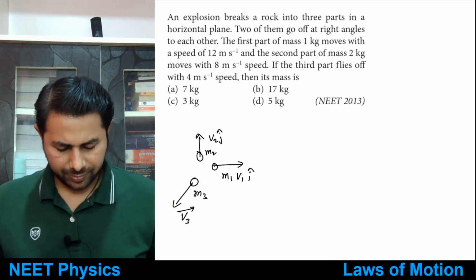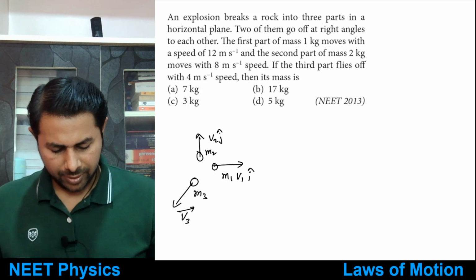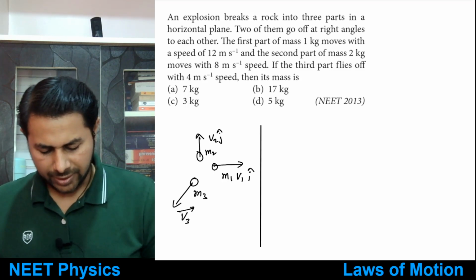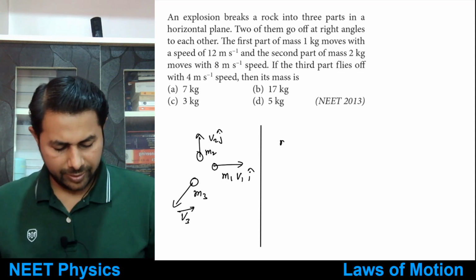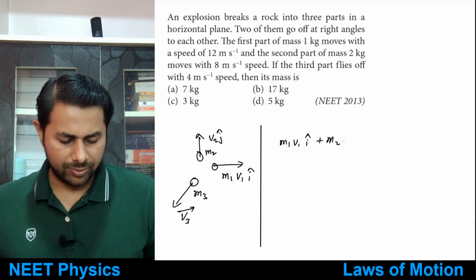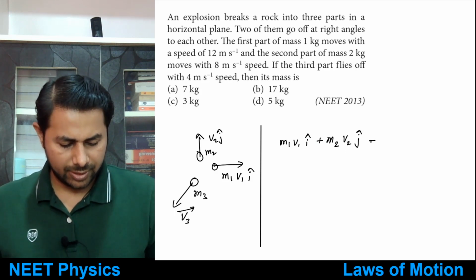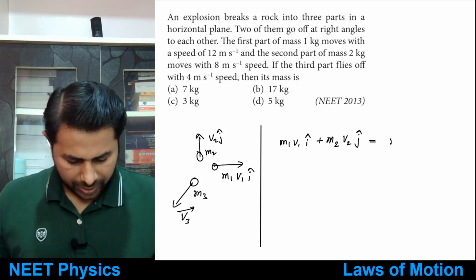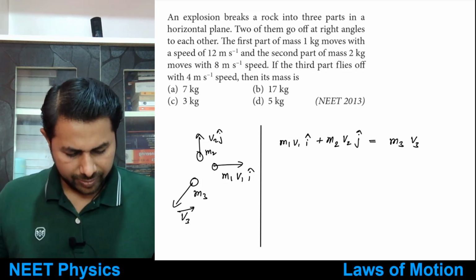Then you can say that m1 V1 into i cap plus m2 V2 times j cap is equal to m3 V3 bar.